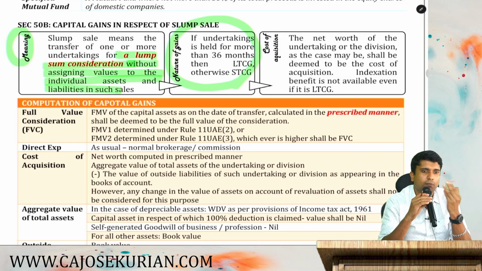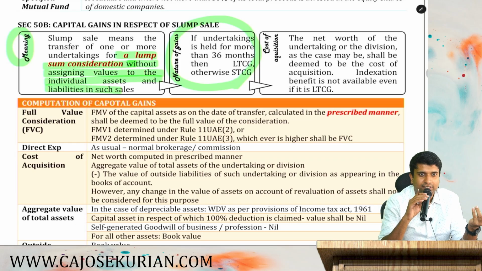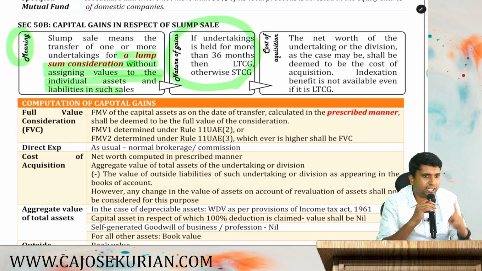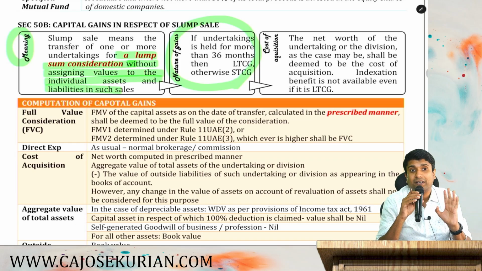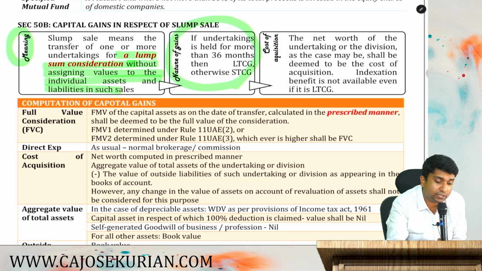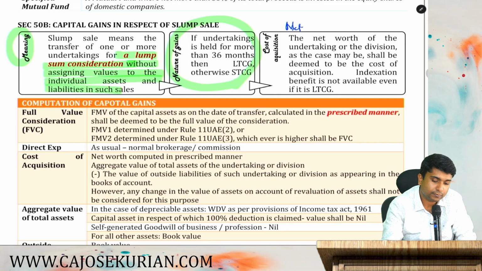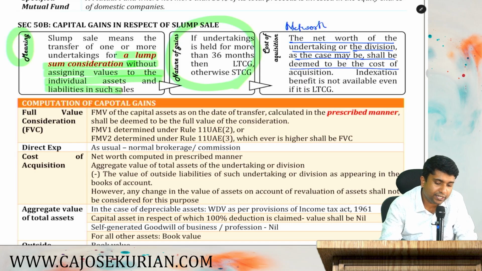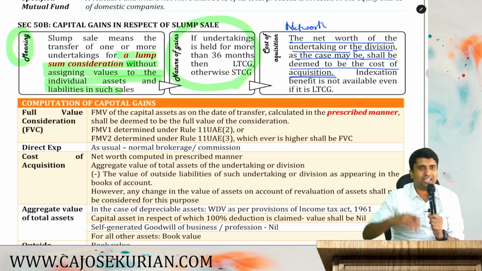Now, tell me friends, how do we normally compute the cost of acquisition? What is the normal cost of acquisition? Normal cost of acquisition means the purchase price of an asset. Yes or no? But in slump sale, what does the department say? It is not the purchase price because it is the business undertaking. So you compute the net worth of the undertaking or the division as the case may be, and it shall be deemed to be the cost of acquisition rather than the purchase price.